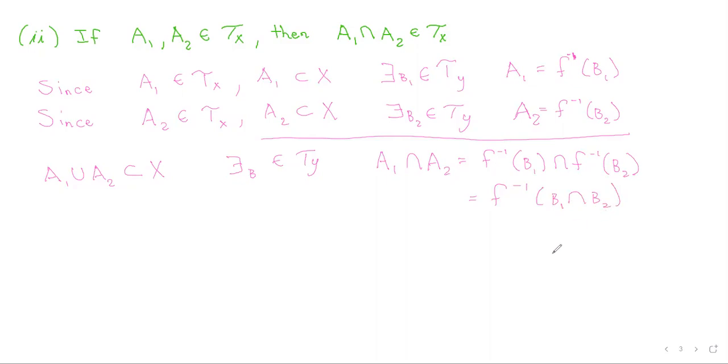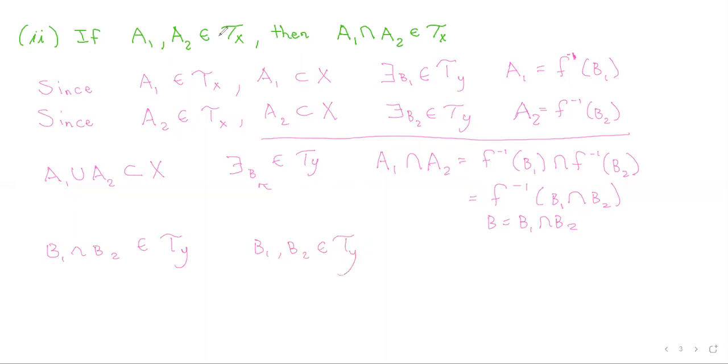So this B will be the intersection of B1 and B2, and we know this is valid because B1 intersection B2 exists in topology Y, and we know that because topology Y is a topology, and B1 and B2 exist in the topology.